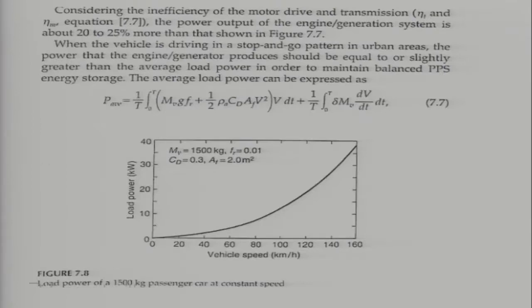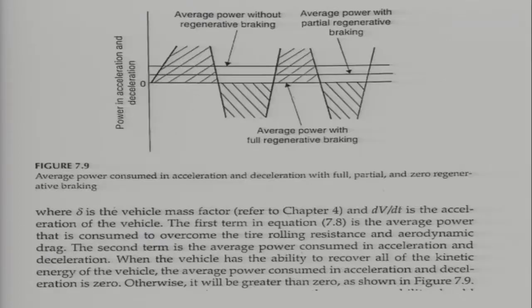This is the requirement of the power for accelerating or decelerating the vehicle. The first part is the rolling resistance and aerodynamic resistance. Second part is the tractive effort required for driving the vehicle with a particular acceleration performance requirement.